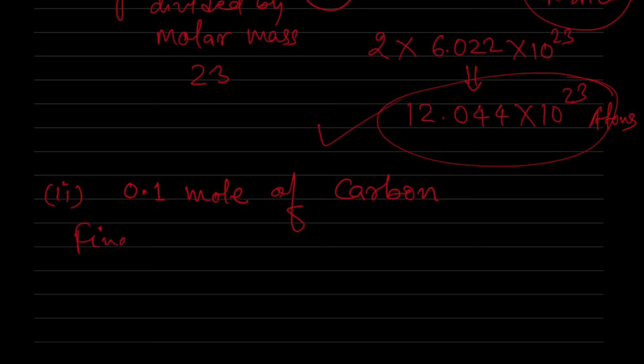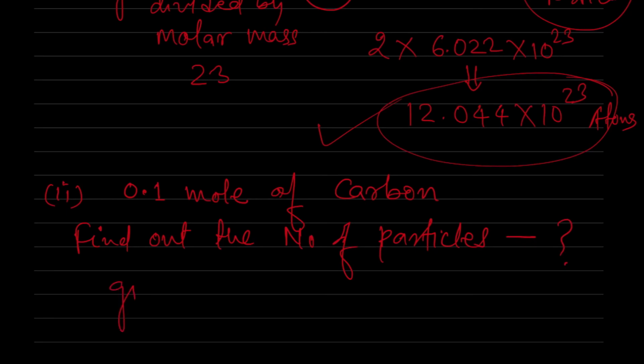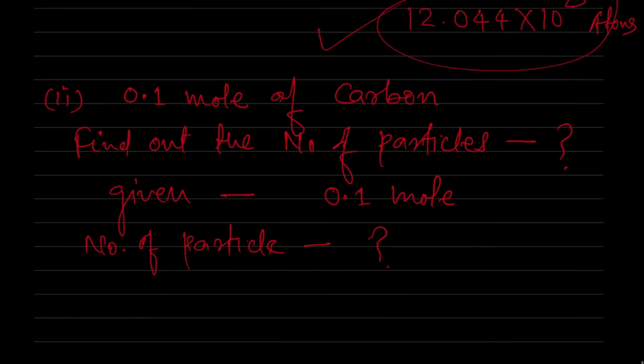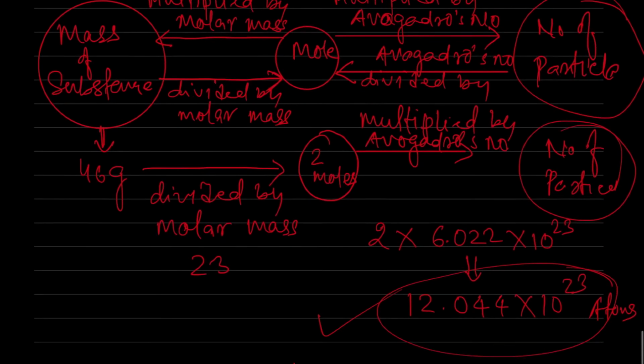So the given value is 0.1 mole, and what you have to calculate is the number of particles. So first we have to know the relationship.